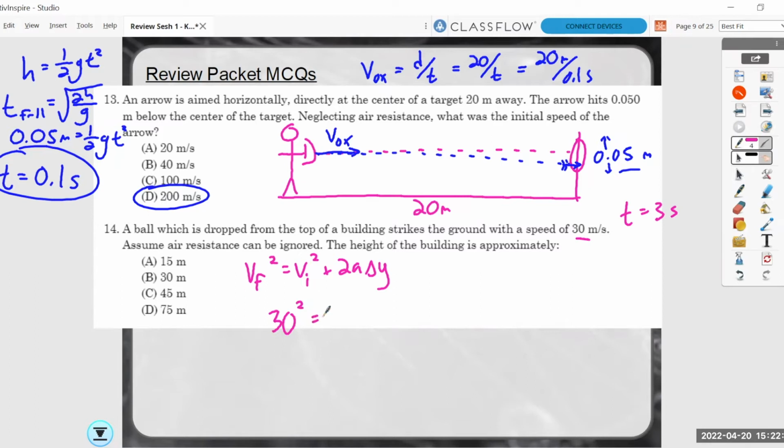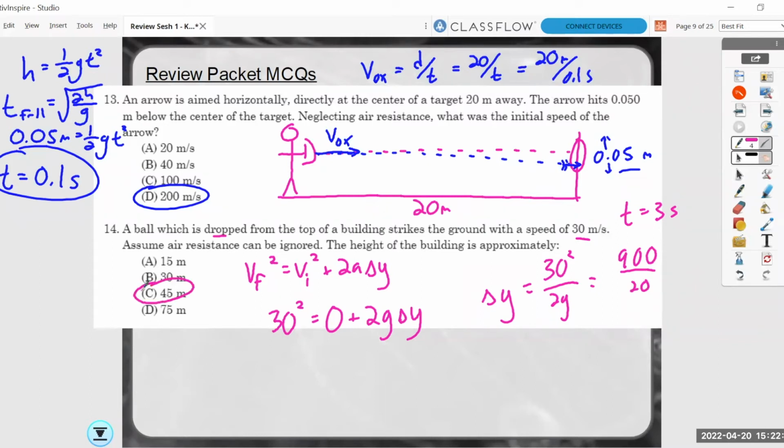Whenever it says dropped, if it doesn't specify otherwise, you can assume it's dropped from rest, plus 2 times g times the height of my building. So my height is going to be my final velocity squared divided by 2g. That's 900 divided by 20, which I think should be 45 meters in this case. We can always check it.